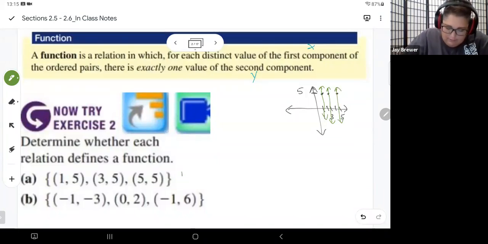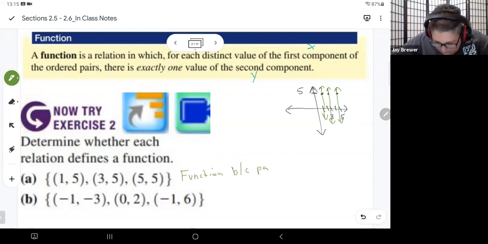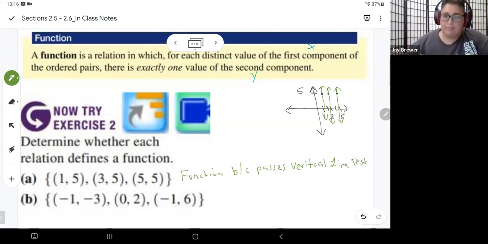So this is a function. It's a function because it passes the vertical line test. Okay.